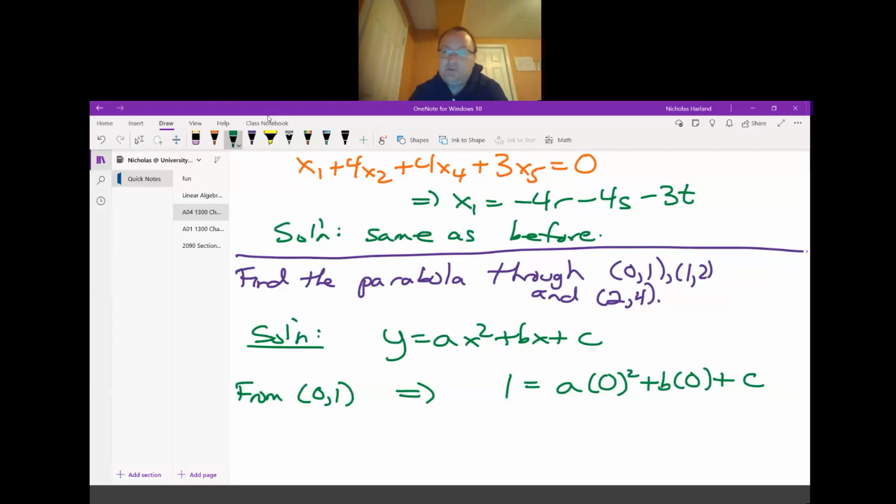And from the other 2 points, we can get 2 other equations, hence 3 equations, 3 unknowns, and now we have the ability to solve for a, b, and c. So hopefully that's enough to get you going. I'll give you another minute or two to see if you can finish it off from there, realizing that this is linear because it's not x we're solving for.